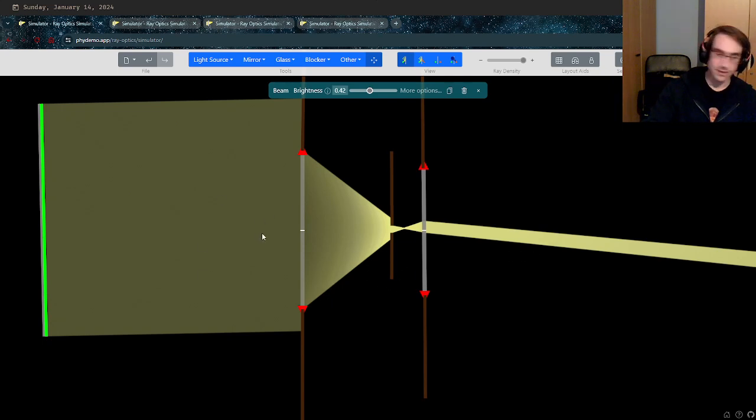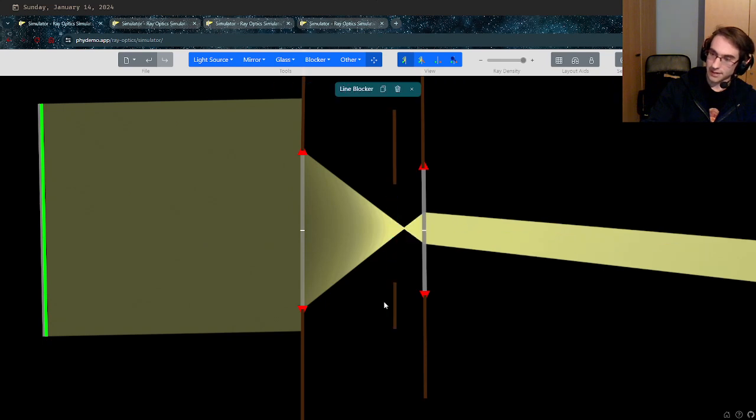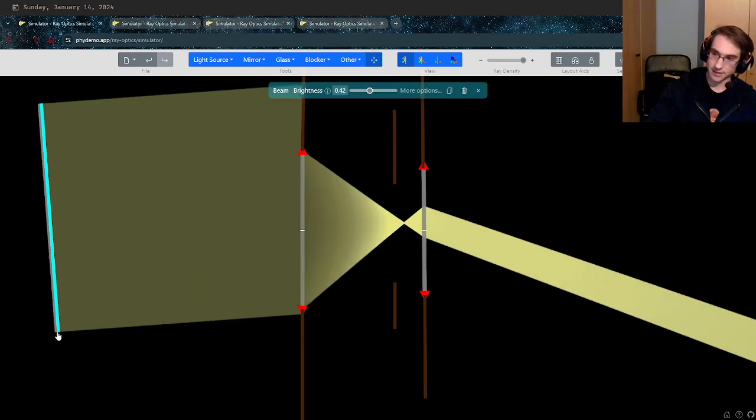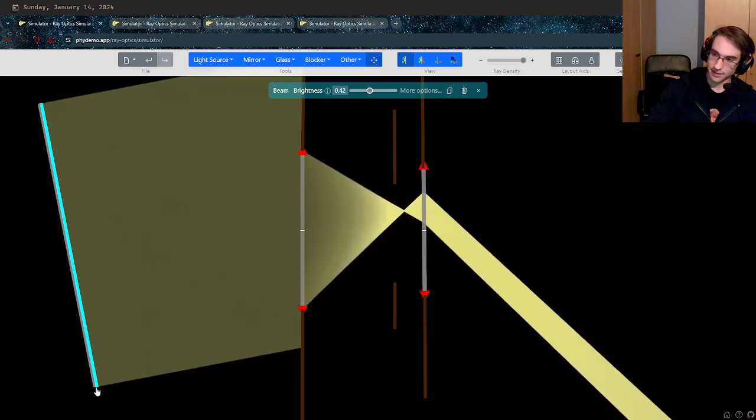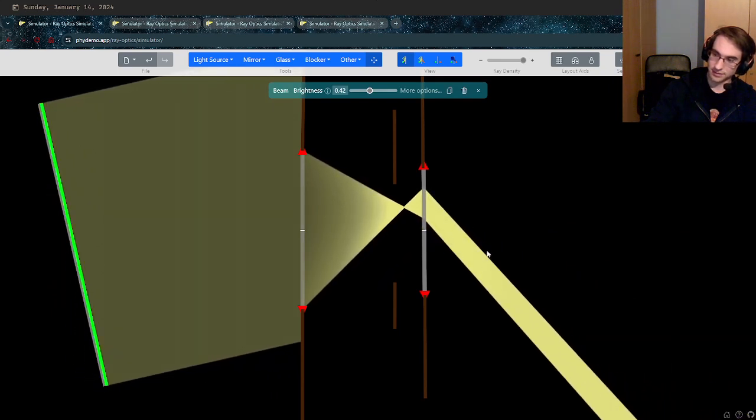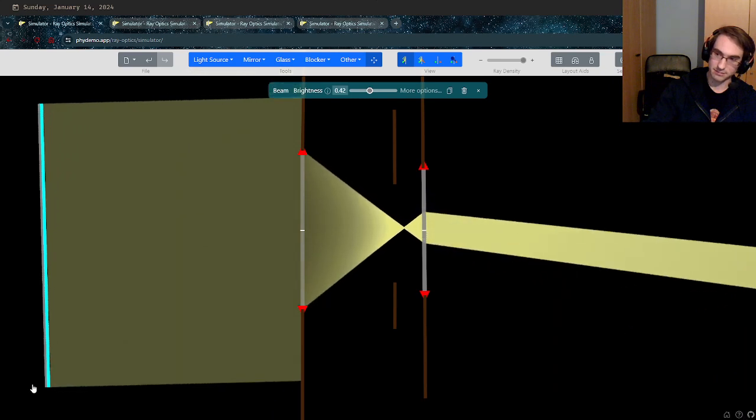There is one more thing here. Even if I remove this, there is still going to be some natural vignetting because the finite aperture of the telescope vignettes itself in some way. This is because if a beam comes in at an angle, this beam now receives less light. If this beam comes in at an angle, the cross section of this beam is not a circle anymore. Like the cross section of this beam that comes in nicely parallel to the axis is a circle.